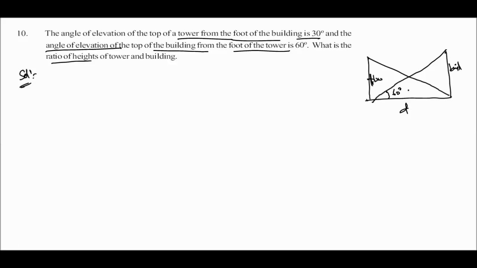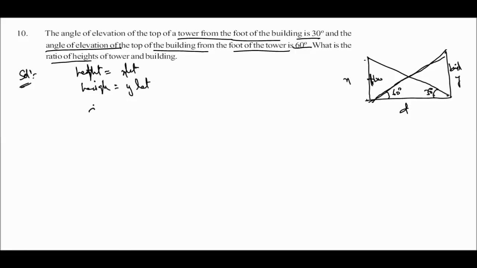It is 60 degrees and it is 30 degrees here. So one is 30 degrees, from the tower to the building, and from the building to the tower is the 30 degrees here. The height of the tower we let be x, and the height of the building we let be y.